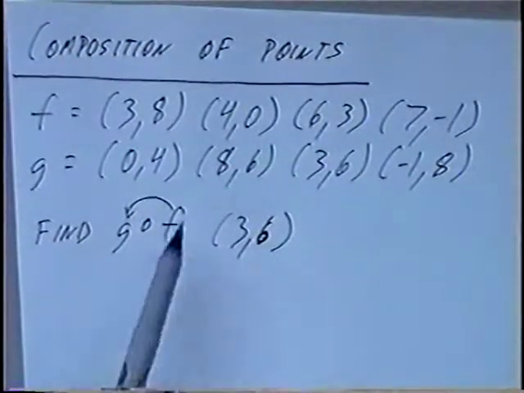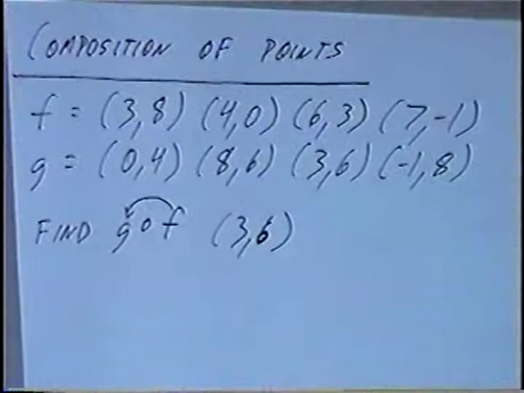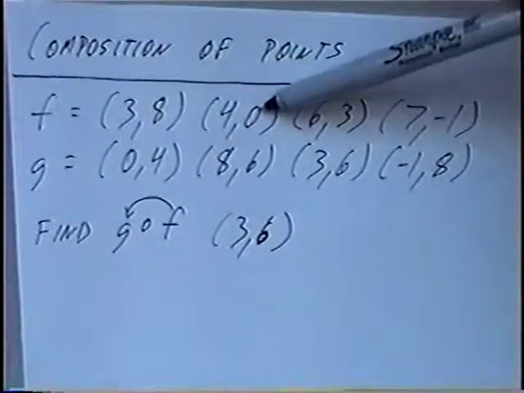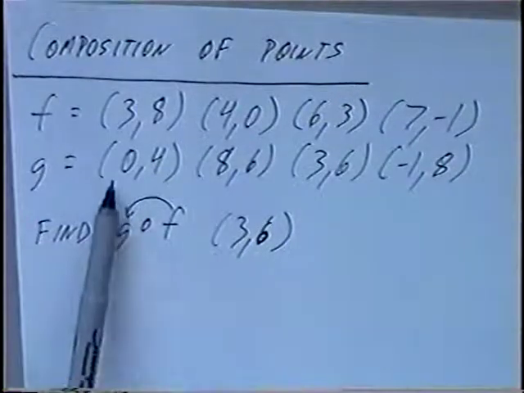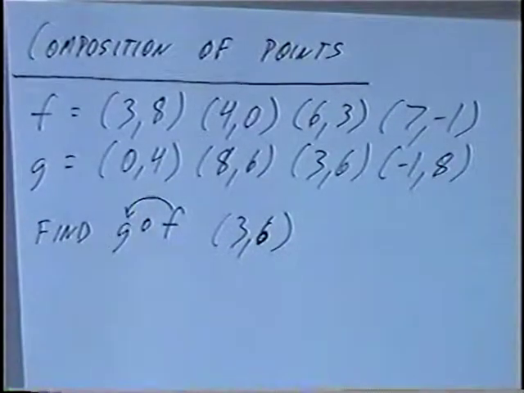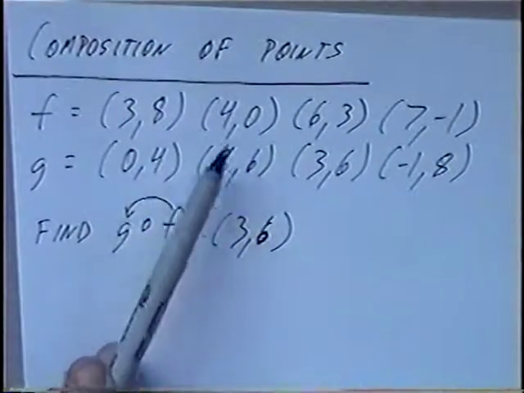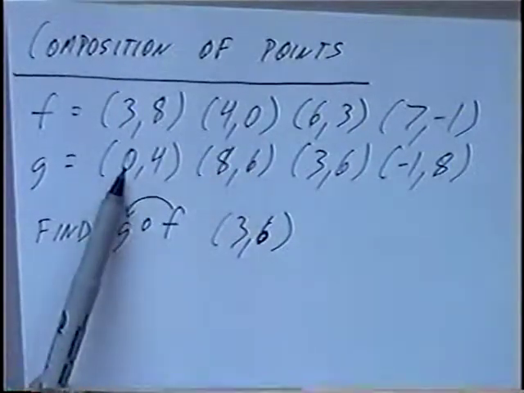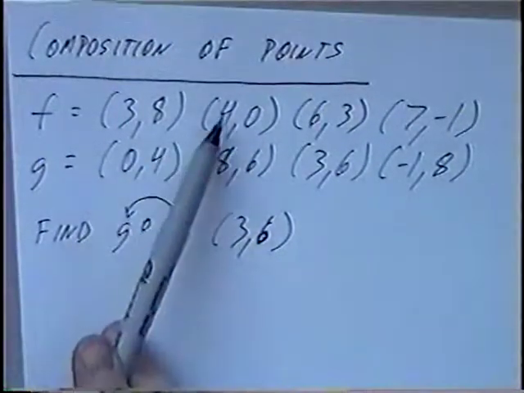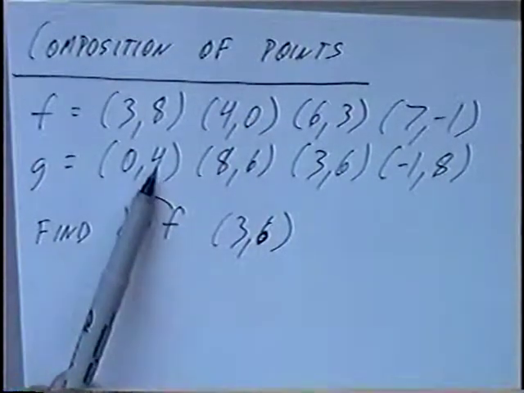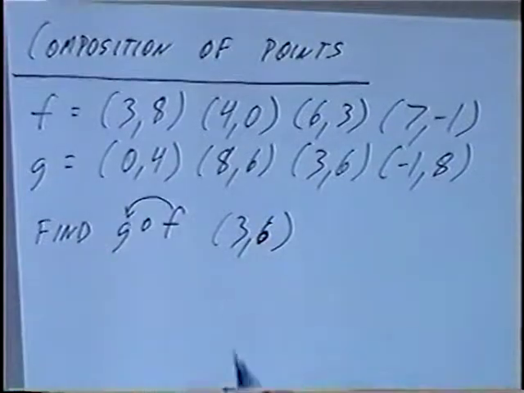So the second point, which is 4, 0. Again, 4, 0, we'll look at the y value, which is 0, and we'll match that up with the x value that's also 0. So 4, 0 will match up with 0, 4, since the y value matches up with the x value, and our answer will be x, y, using the x from the f and the y from the g, which would be 4, 4.